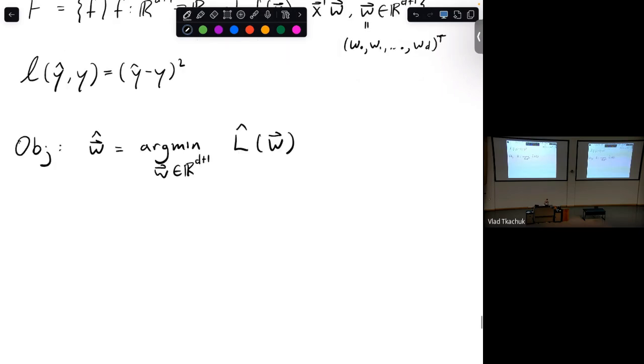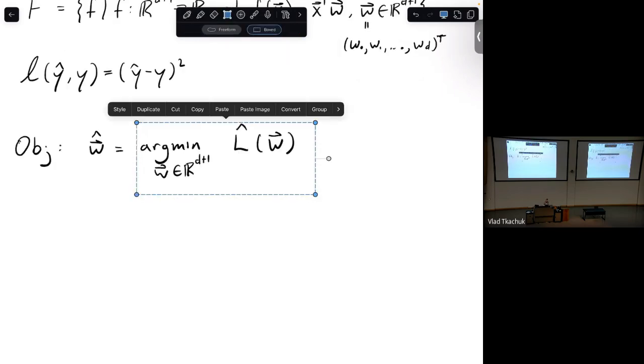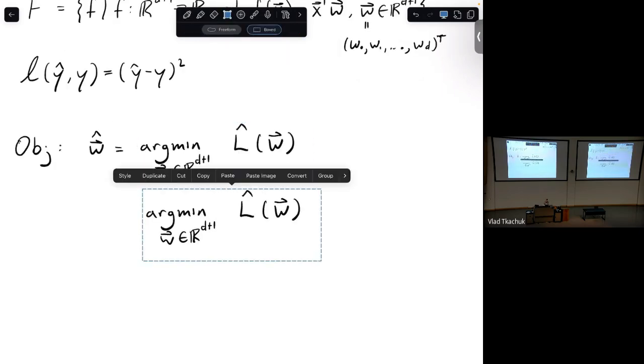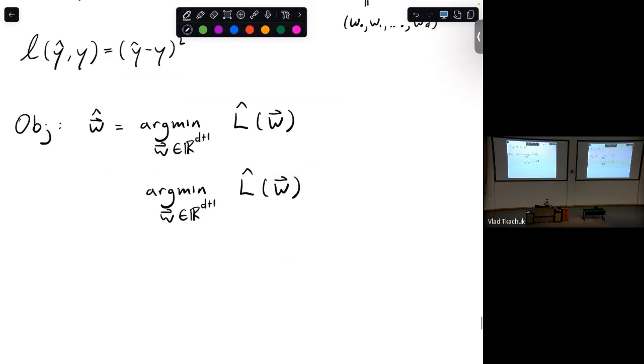And we said that this L hat of W is defined as the empirical risk with a linear predictor. So that was the following. You take the sample mean from your data set of the loss function of your predictor.